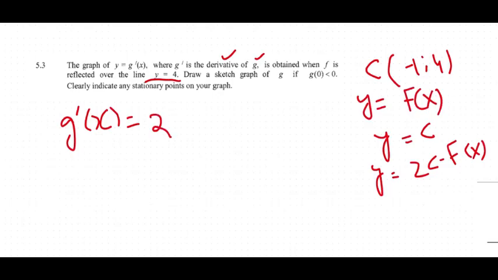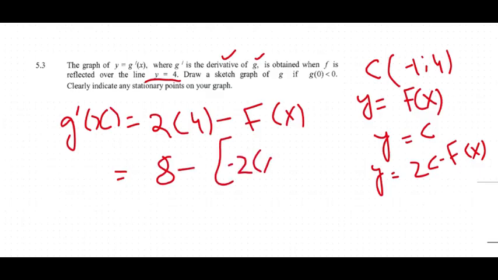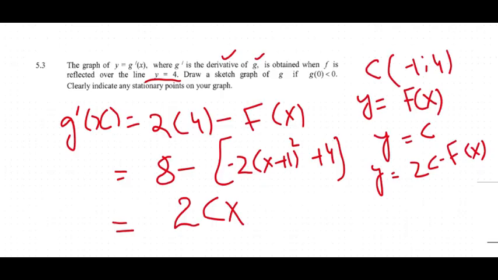So how do we get the value? We have 8 minus, the minus into (x plus 1) whole squared plus 4. Okay, so I'm going to simplify the equation, and after simplification we get 2 into (x plus 1) whole squared plus 4. This is g prime of x, okay?